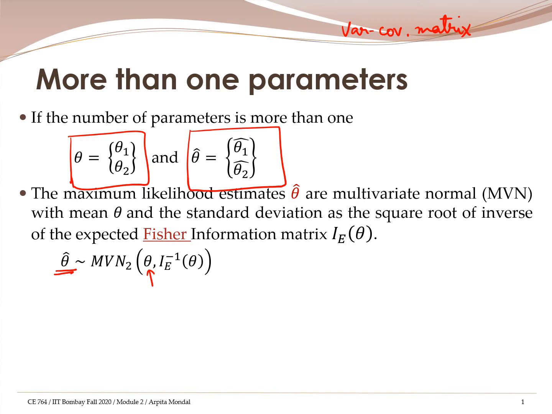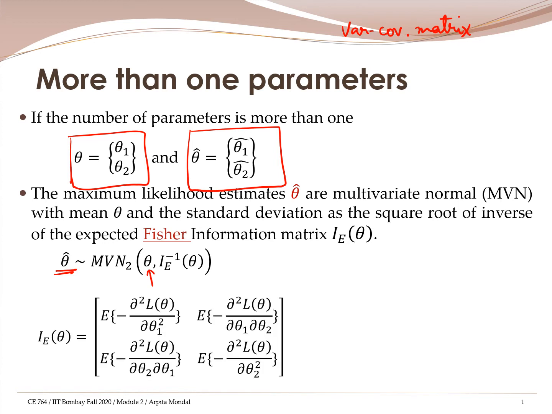Now, because theta hat is multivariate, instead of having individual variances, we have a variance covariance matrix, which is given by this expression, where each individual element of this matrix is an expected value of the negative of the second order derivatives, right?